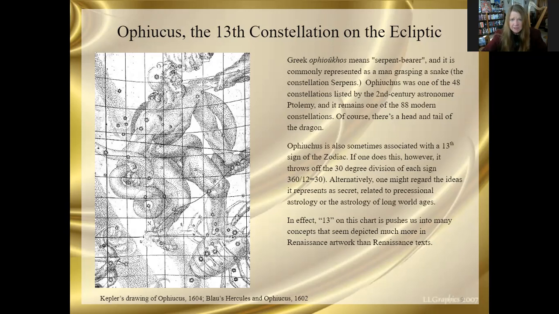What would be the problem of that in Dee's time? Well, humans weren't supposed to have been around that long. That's the big problem with it. So any idea of precessional astrology that you see, and you see it obliquely in the works of many people, Tycho Brahe being one of them, by the way, it tends to be referred to indirectly, because otherwise if you are a doctrinaire Christian, you're backdating Genesis further back than is acceptable to most people in the church.